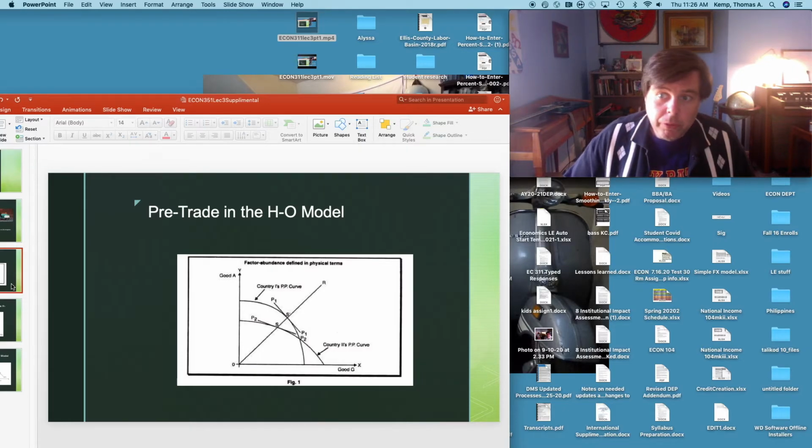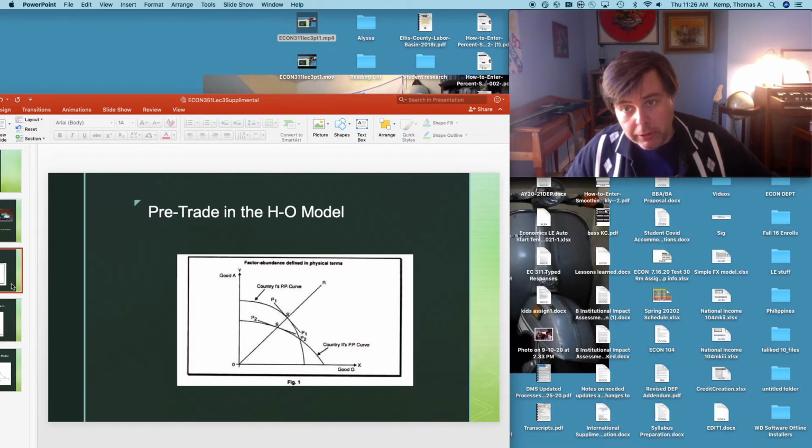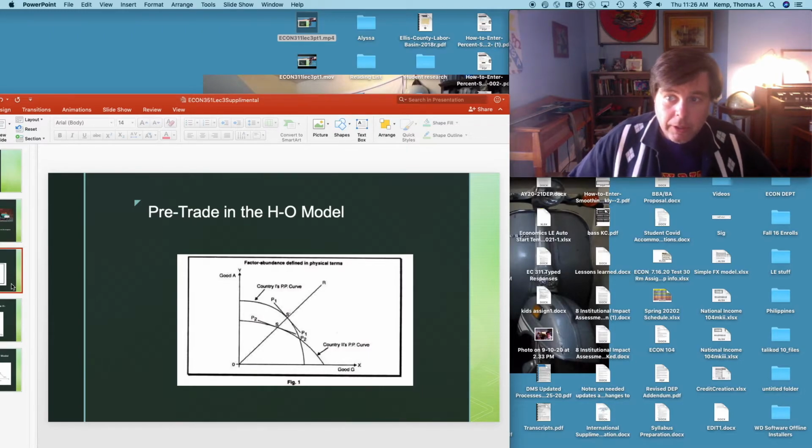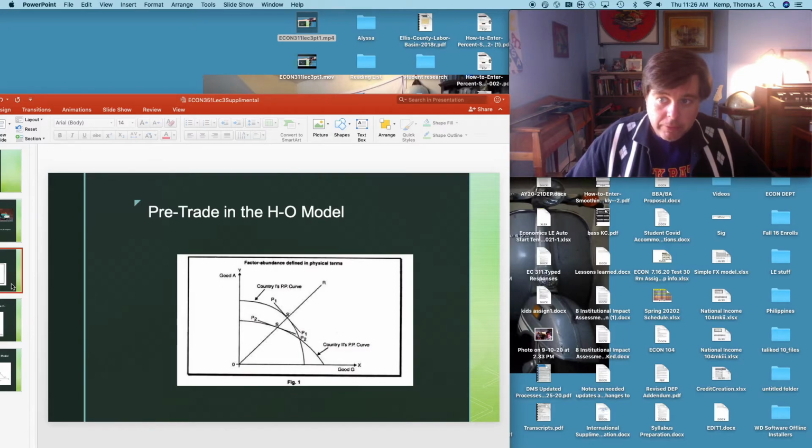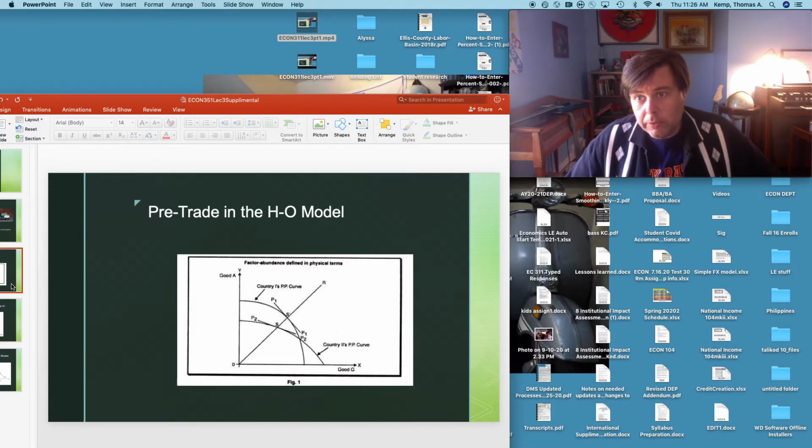And the reverse is going to be the case in country 2, okay, because prices are going to equalize. So the thing that's expensive pre-trade is going to get cheaper, and the thing that's cheap pre-trade is going to get more expensive in each country, okay, until the price ratios equalize across the countries.